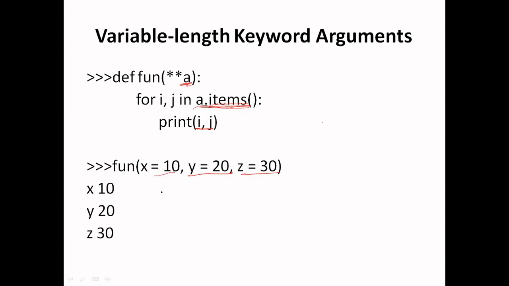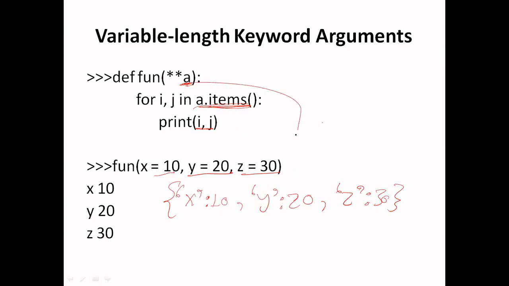So these three keywords will be treated as a dictionary. This will be like x colon 10, then y colon 20, and finally z colon 30.